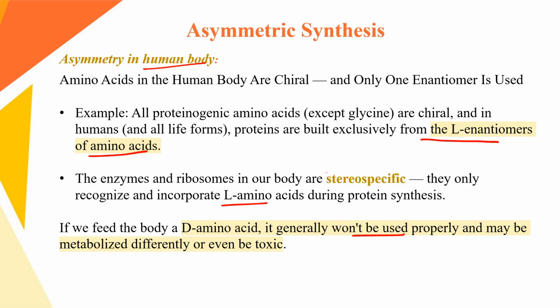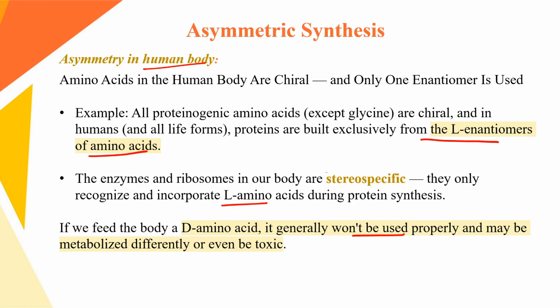Okay, now if we look at how nature produces asymmetric synthesis, with one enantiomer major over the other, scientists have found that nature as well as our body contains chiral compounds, which actually influence the formation of one stereoisomer over another.